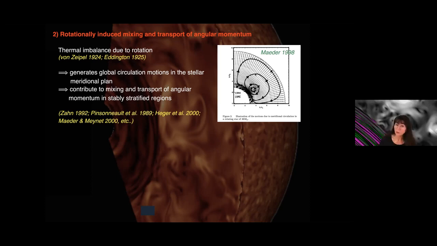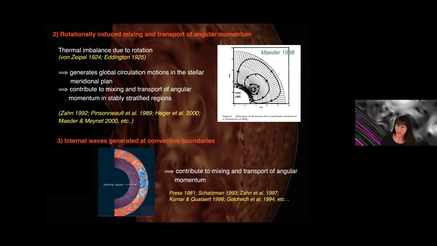This contributes also to mixing and to transport of angular momentum in stably stratified regions. We also have internal waves generated at convective boundaries, as indicated in this visualization, which contribute as well. I put several references here, not everything. The slides will be available, so you will have access to all those references if you want.